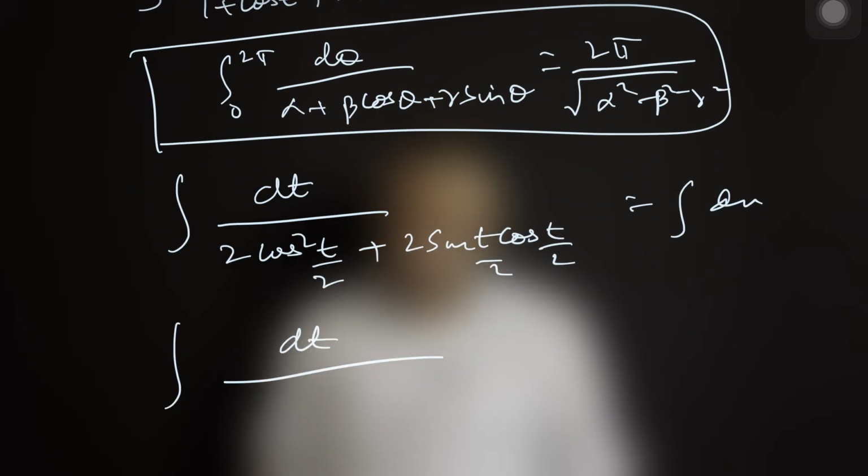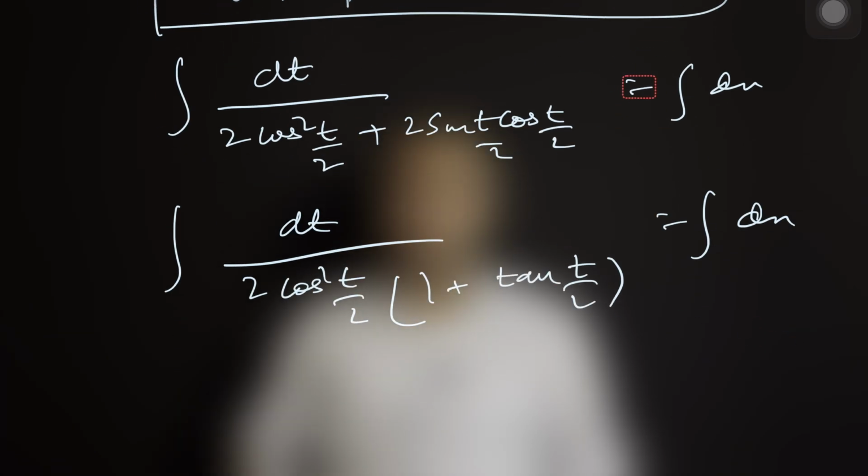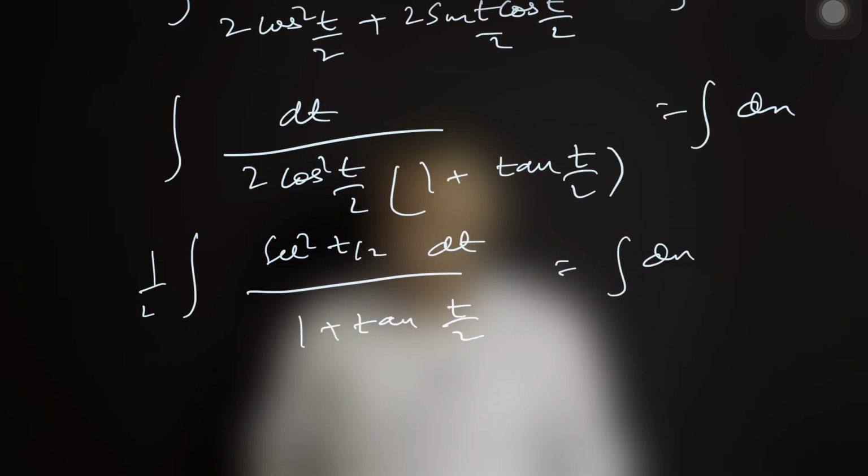Now, I can take common 2 cos square t by 2. So, this is 1 plus tan t by 2, and that particularly solves my issue. So, I can write 1 by 2 sec square t by 2 upon 1 plus tan t by 2 is equal to dx.